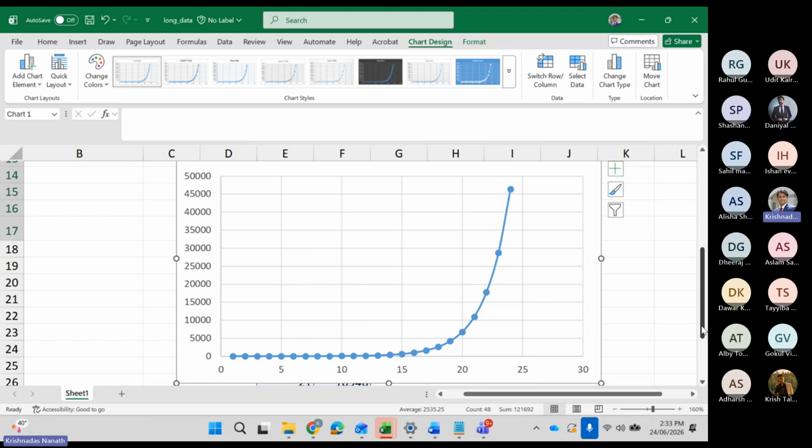I look at this graph and I start commenting, and listen to my comments carefully. As x increases, y does not increase so much up to a certain point of time, beyond which the growth of y starts happening exponentially higher as the value of x increases.